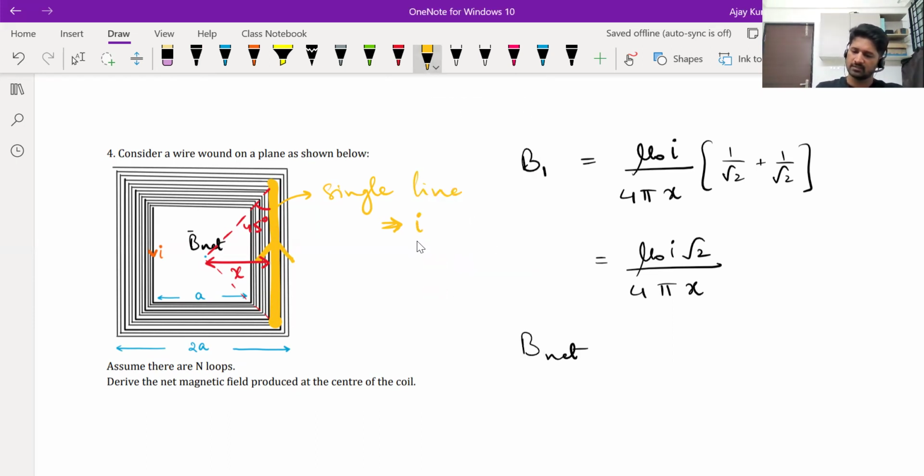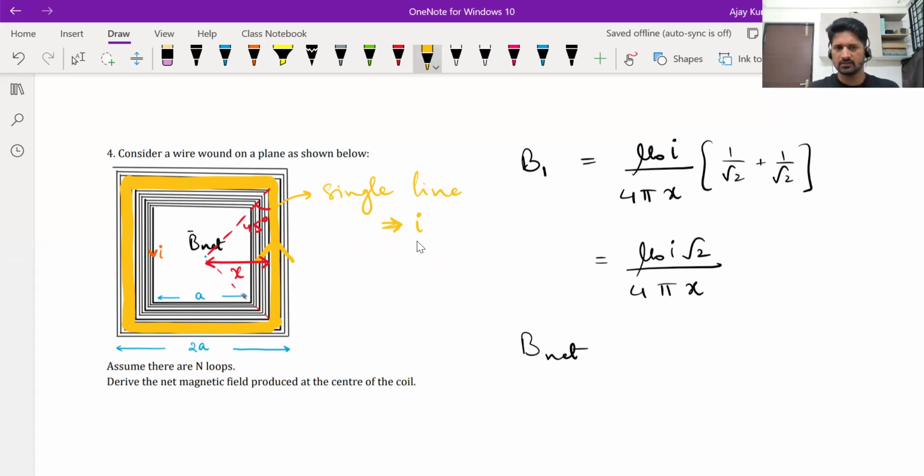Because for each distance you can get a square. So this square will be at a distance x. We wrote the expression for the field due to one wire, one straight part. Multiply with 4, you'll get the field due to that square. And can you just integrate it? Sir, we need a dx term in that.